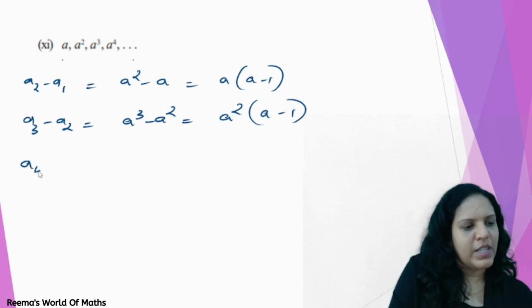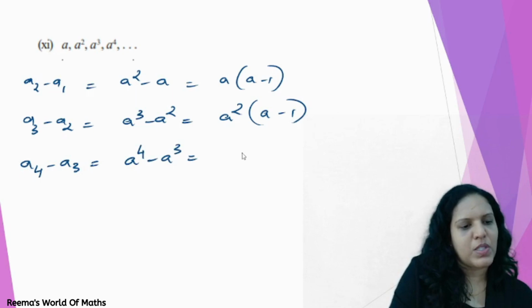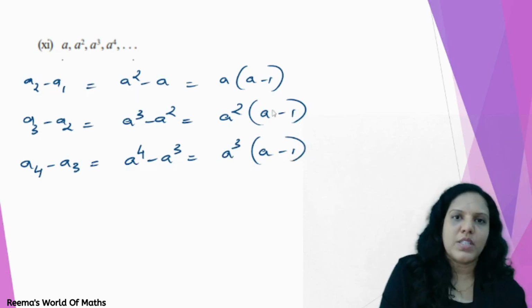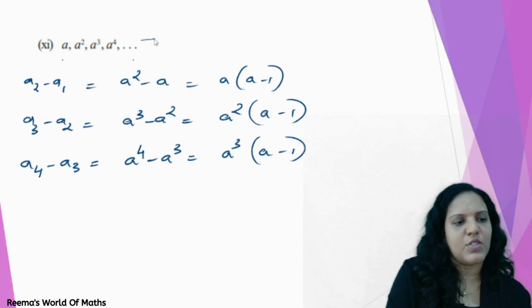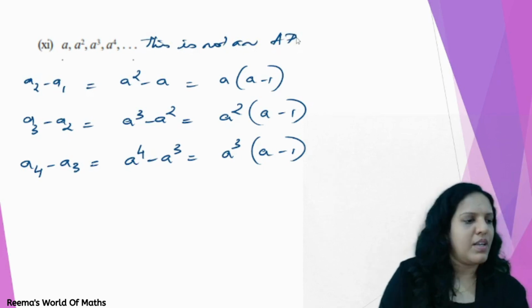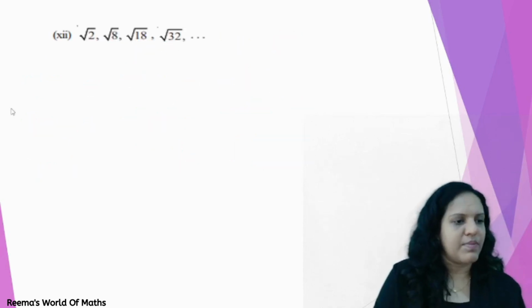Third, A4 minus A3 is A to the power of 4 minus A cube, where A cube is common, then A minus 1. So the difference between two consecutive terms is not constant. This is not an AP. Let's see the next question.